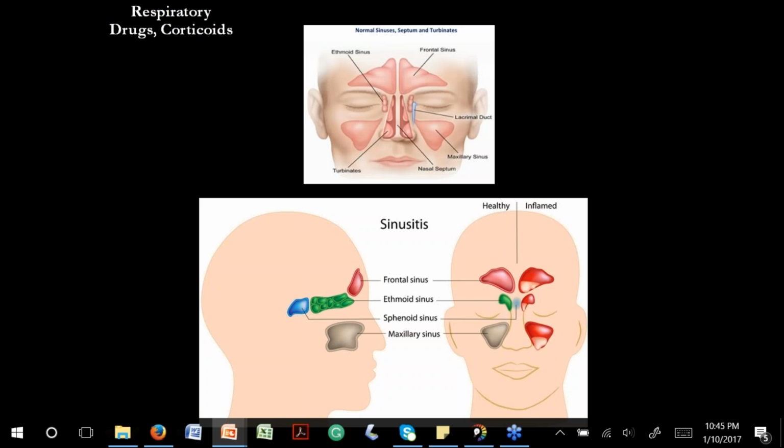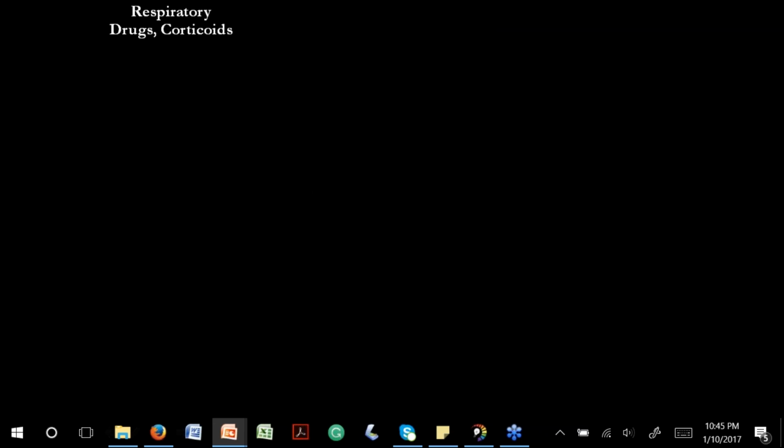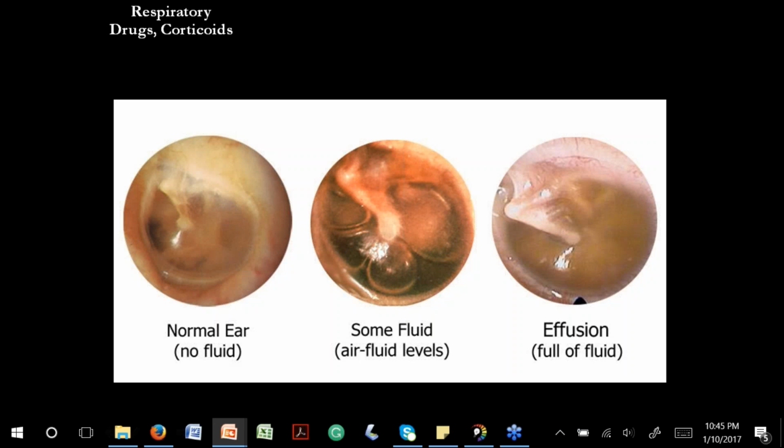Here we have the sinuses. You see the infection starts here, but it can go to different parts as a complication, and that is something we need to avoid. So please remember always a lot of fluids. Normal ear, some fluid, and effusion of fluid.